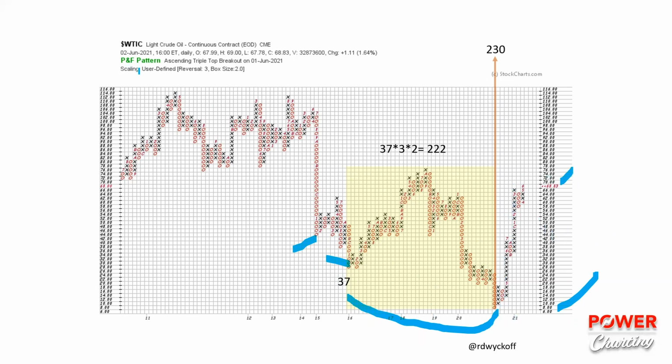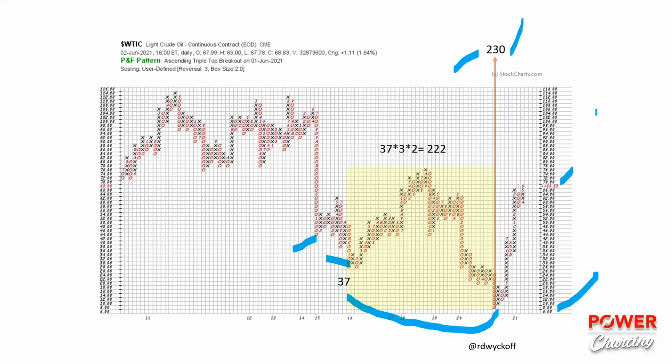So this chart was done on January 2nd. And so here, this area counts up to 230. And I know that's not something that we want to hear if we're trying to fill up our car with gas, but this is a point and figure count that has the potential to go from a low of $8 up to $230.